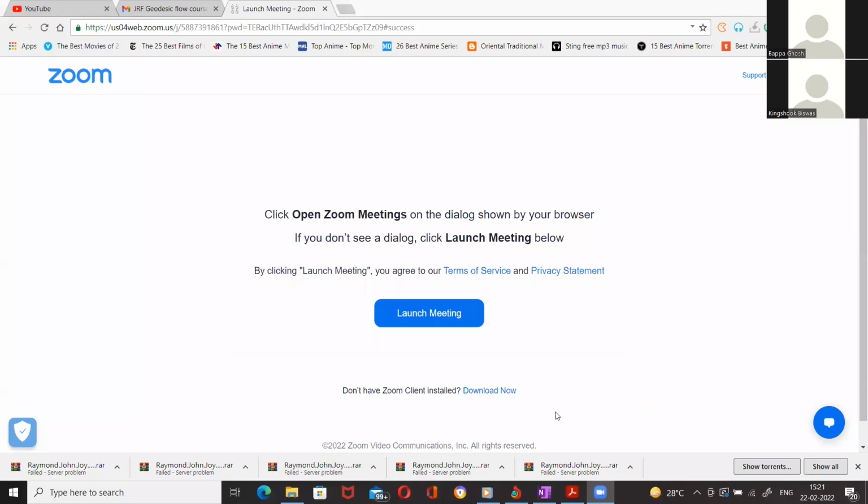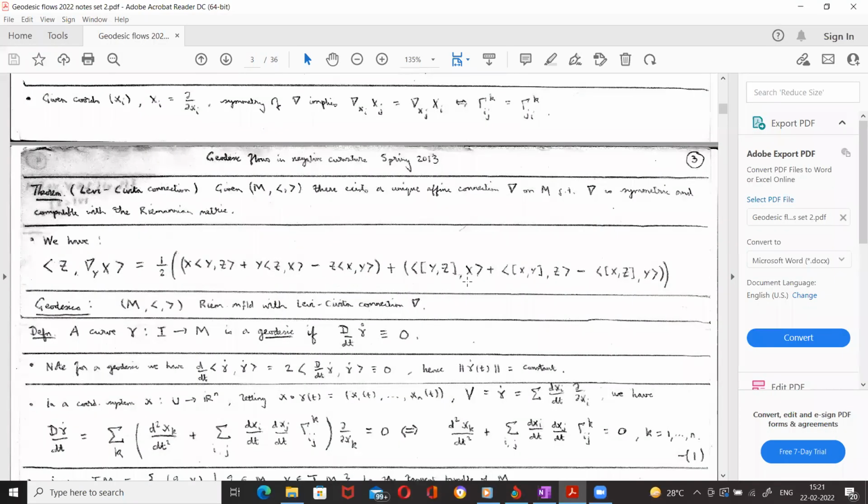All right. So now we can finally come to one of the main topics of the course, which is what are called geodesics, right? We talked a bit about geodesics in the last class as curves of shortest length on a submanifold of Rn with the induced metric.